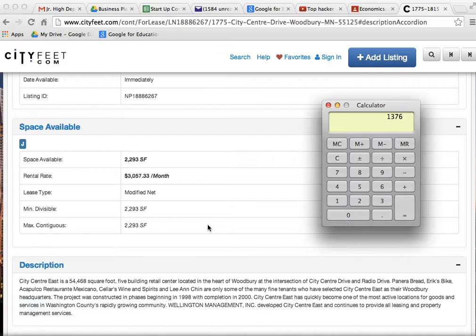So we're going to find out how many guests we can actually have. And typically you give 10 square feet per customer. So if we take this 1376 that's designated for just the dining area, divide that by 10, we can have a total of 137. Okay, so 138 total amount of people we could have in there.